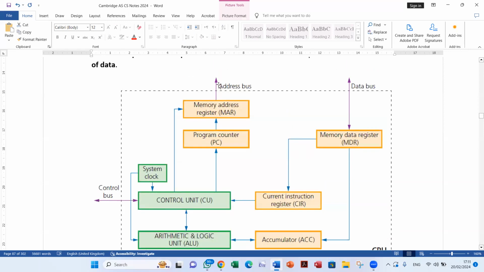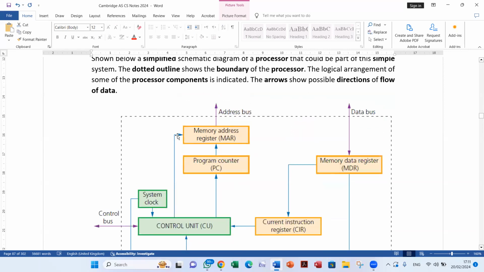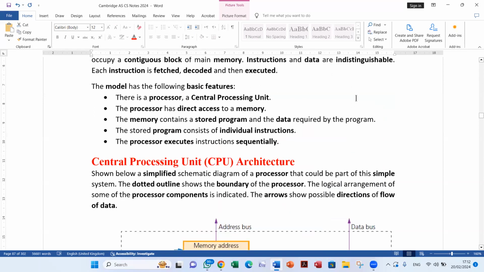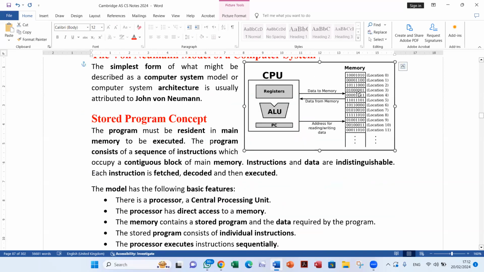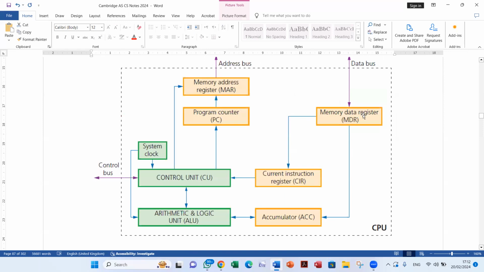That memory address register is attached to the address bus. So the address bus is there to carry the address. The required address initially comes from the program counter, is copied to the memory address register, and goes to the address bus. When it goes to the address bus, it reaches the memory. Then the required data comes along the data bus and is stored initially in the memory data register, MDR.